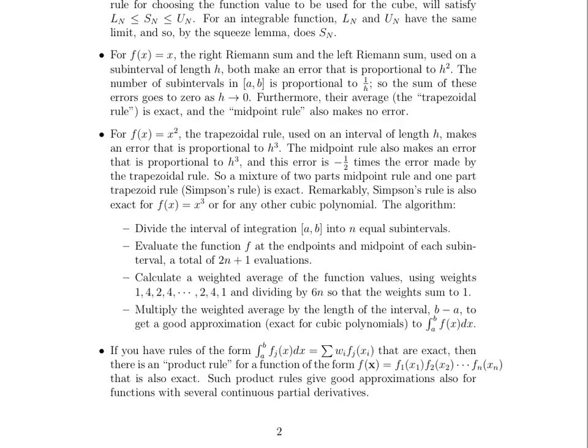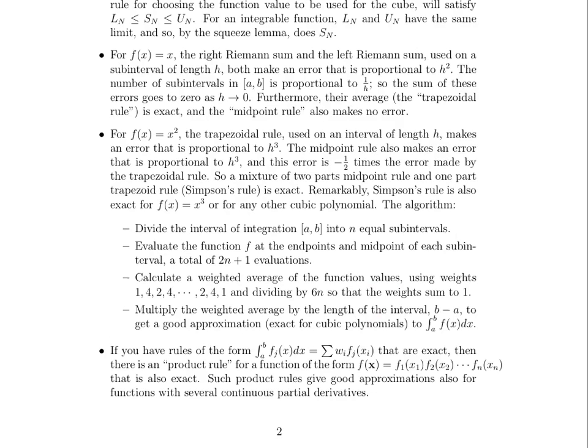We're going to be talking about the right Riemann sum and the left Riemann sum, and we're just going to look at how they behave with really straightforward functions, starting off with just f of x equals x. The right-hand Riemann sum and the left-hand Riemann sum used on a subinterval of length h are going to both make an error that's proportional to h squared. The right-hand Riemann sum is going to overestimate it. The left-hand Riemann sum is going to underestimate it.